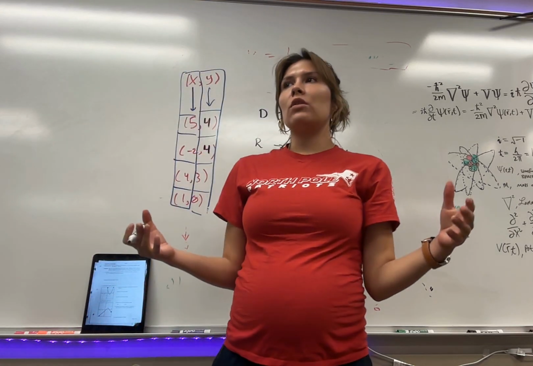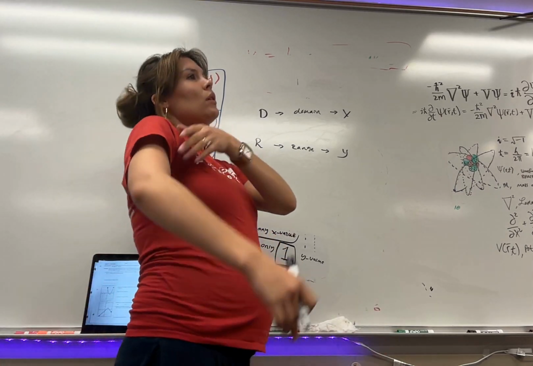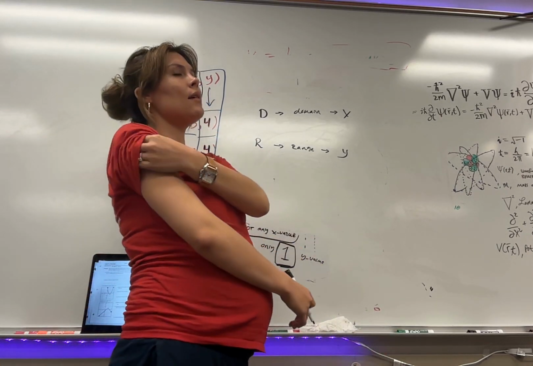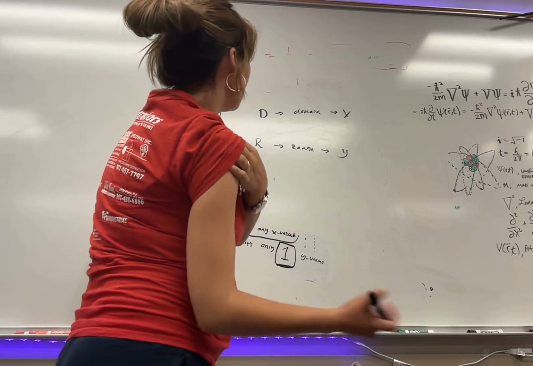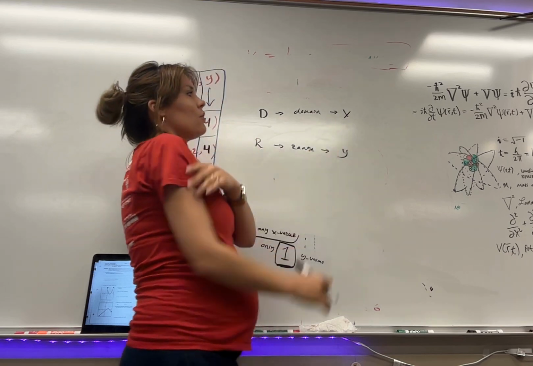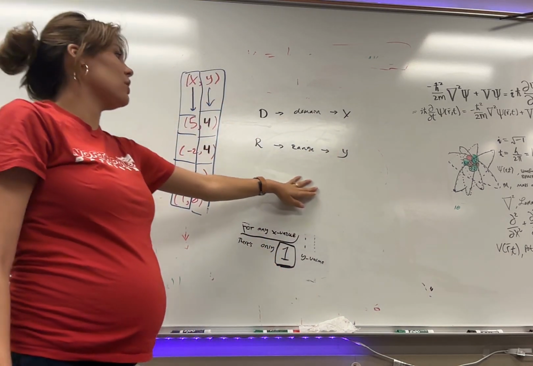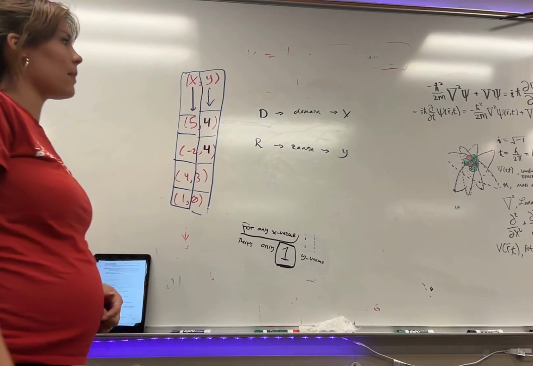If you're going to end up with division by 0, which is undefined, you have a restriction on your domain, meaning your X value is not allowed to be that. We'll see that later. But domain basically says, what are my X values allowed to be? And the range says, what are my Y values allowed to be?